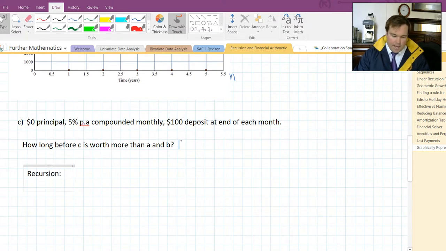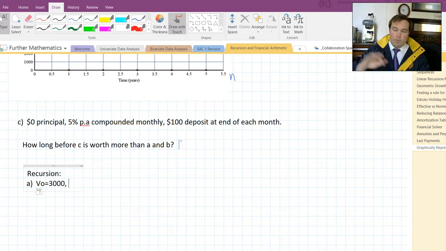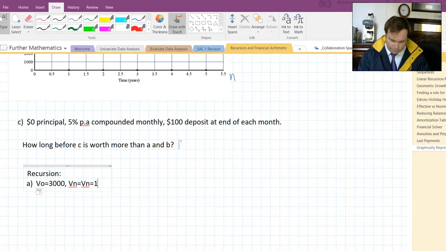for here, for A, remember it was $3,000, so V0 equals 3,000. And then to get from one to the next, we said Vn plus 1 is equal to Vn plus 5% of 3,000.